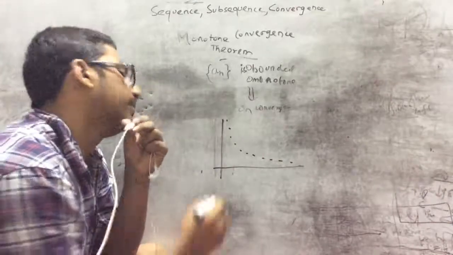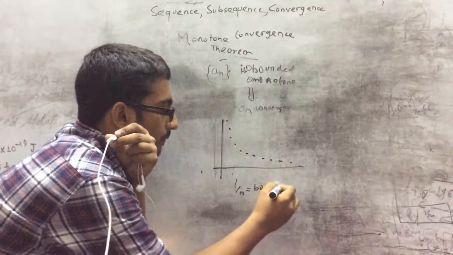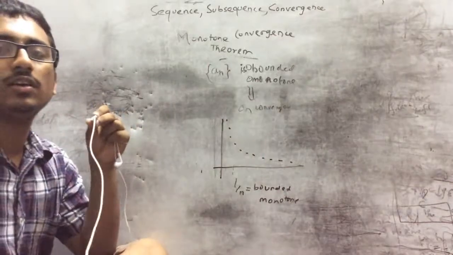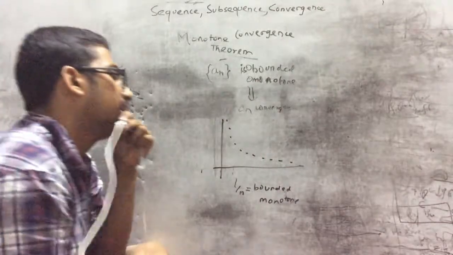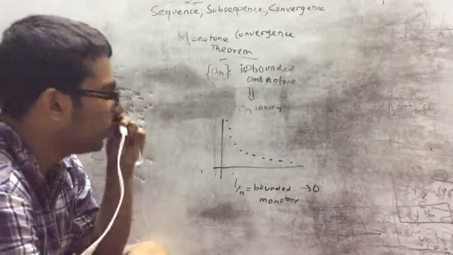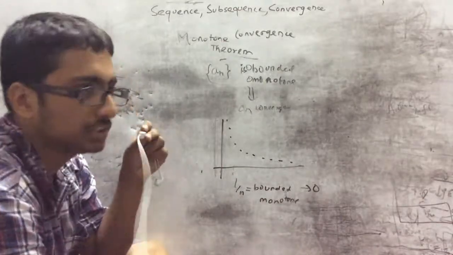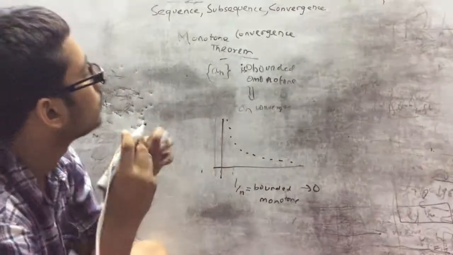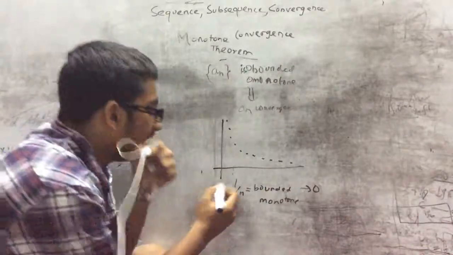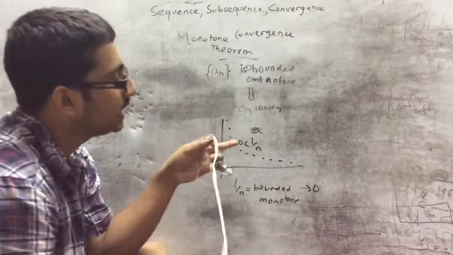And 1 by n is bounded, an example of a monotone sequence, and it converges to 0. So why 0? What is the speciality of 0? That's what we are going to see here. 0 is a number. Now consider the bounds, right? 1 by n is bounded below by 0. It is a lower bound, right?